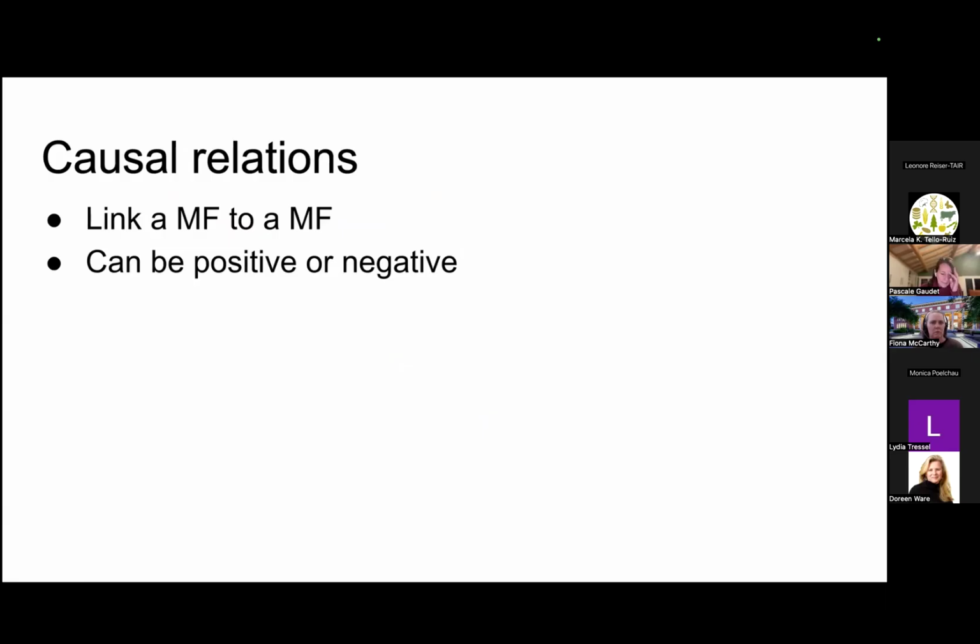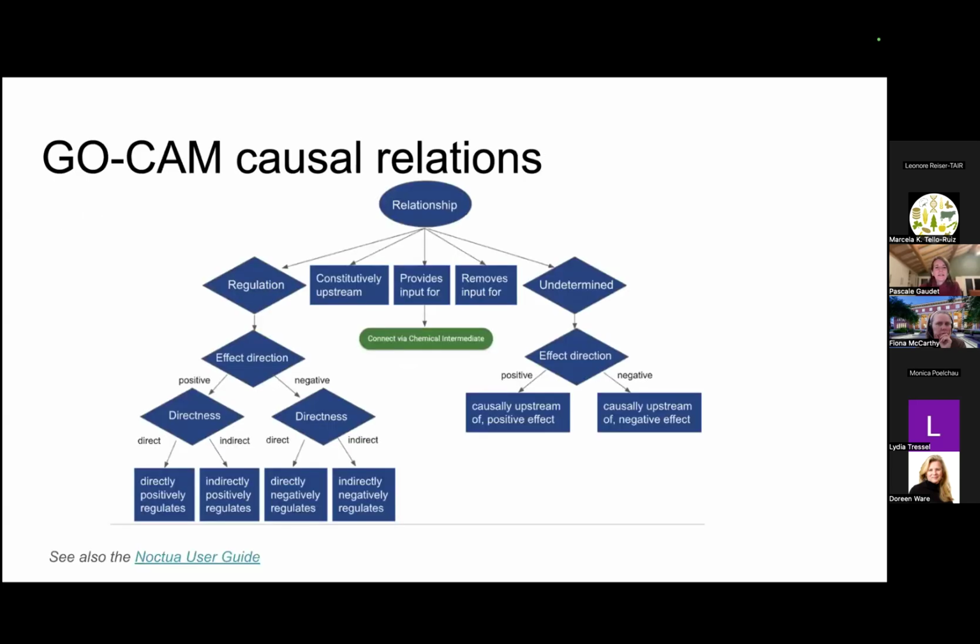So the causal relations from the relations ontology link molecular functions or activities together, and they can be either positive or negative. We express the directionality of this. This is a decision tree showing the different types of relationships we have.